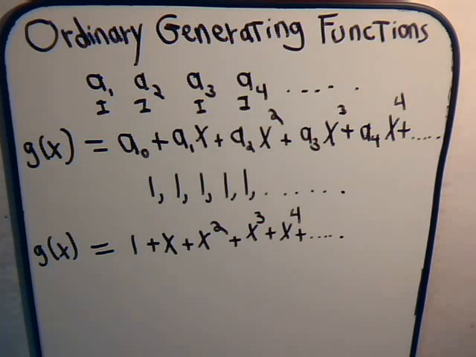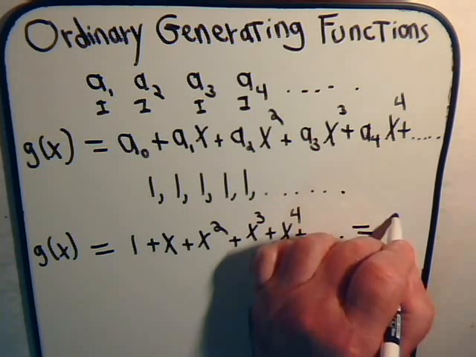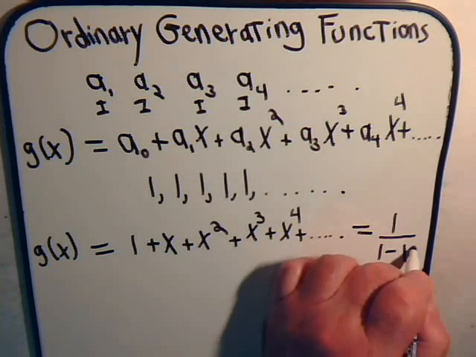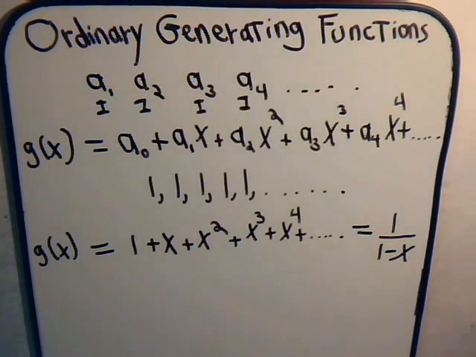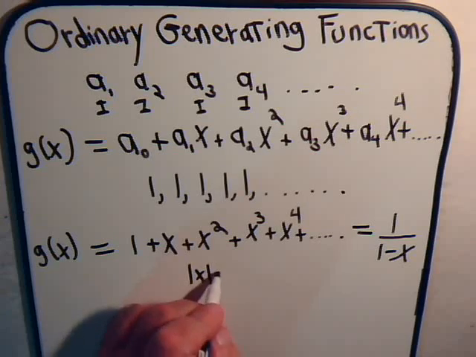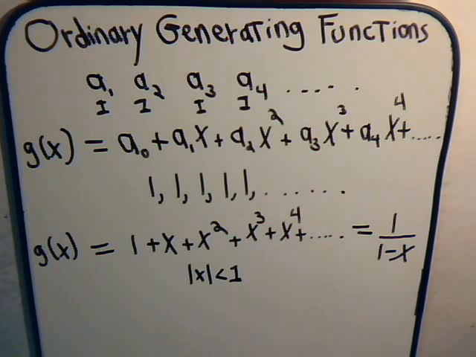Now, if you remember what a geometric series is, you might realize this is the same thing as 1 over 1 minus x, providing that the absolute value of x is less than 1.